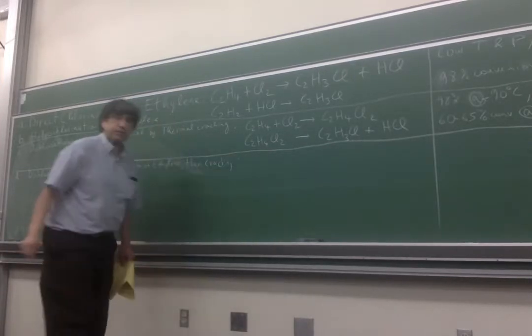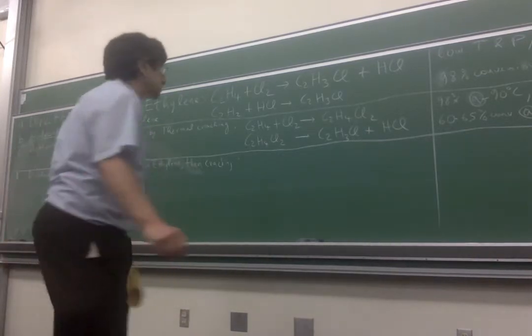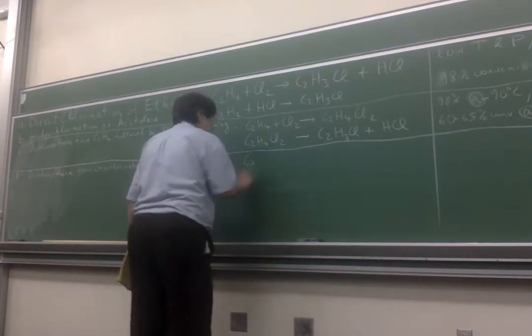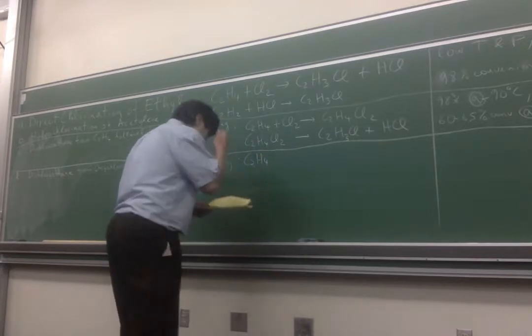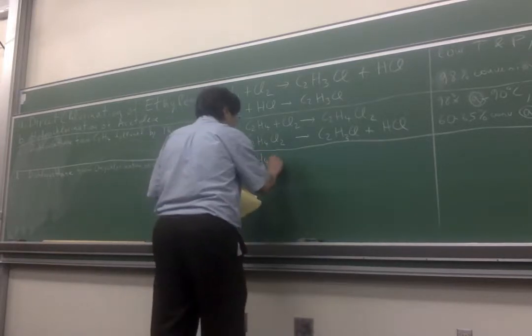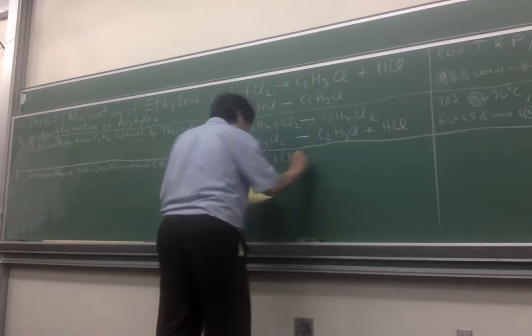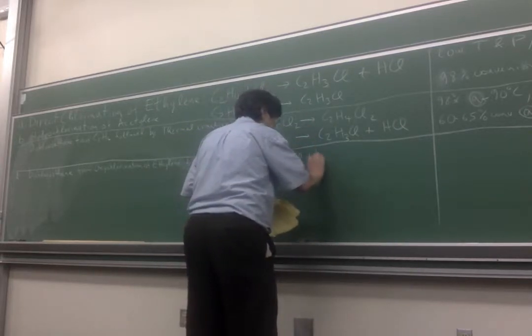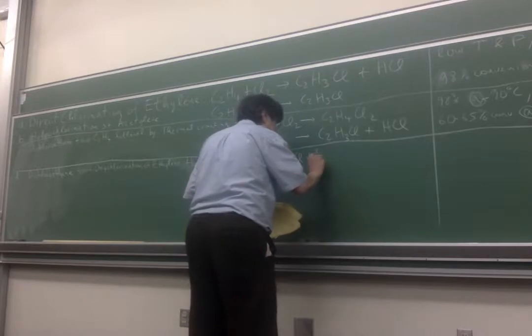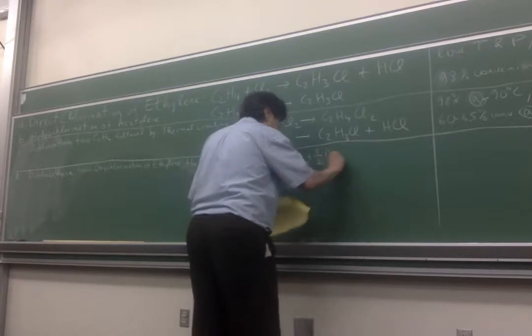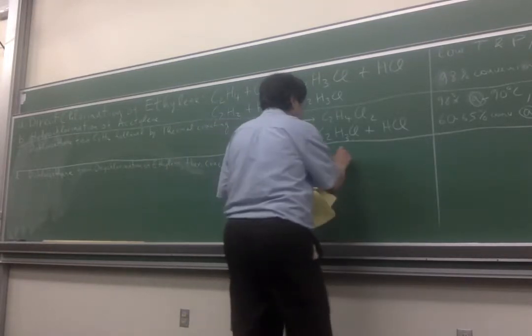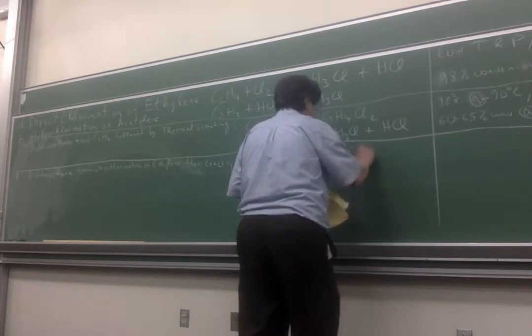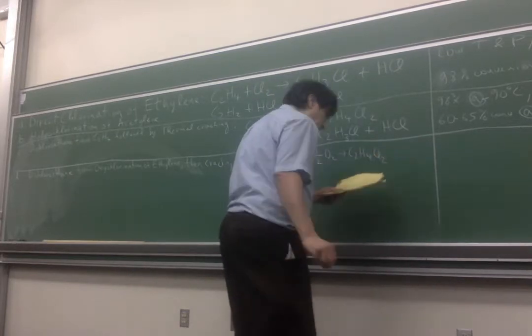I believe that's the last one I wrote last time. So the first reaction is ethylene plus 2 HCl plus one half oxygen that can come from air, giving us the dichloroethane plus water.